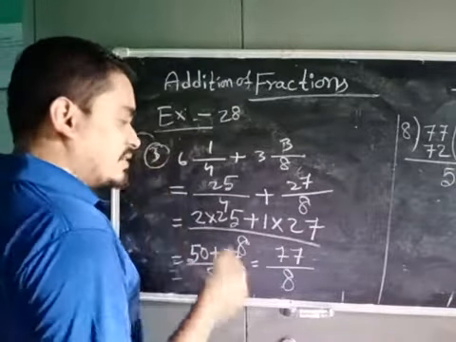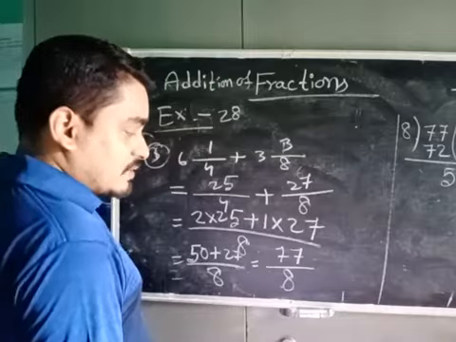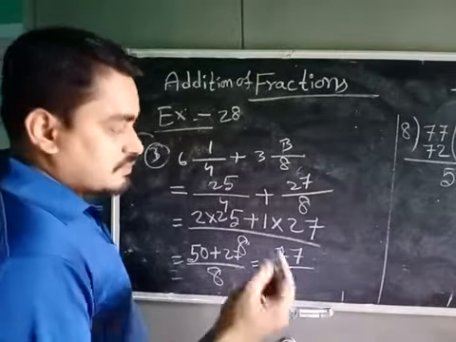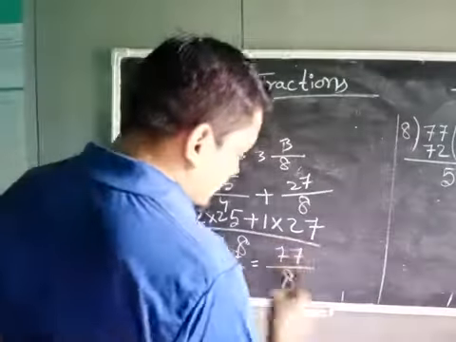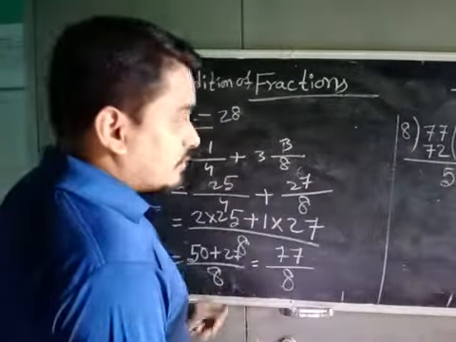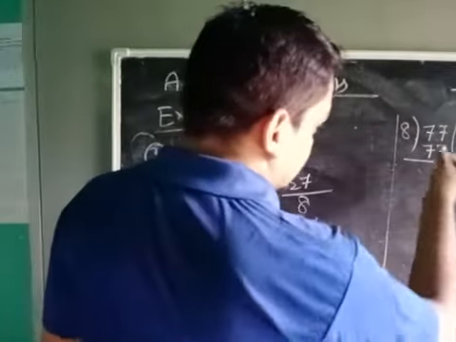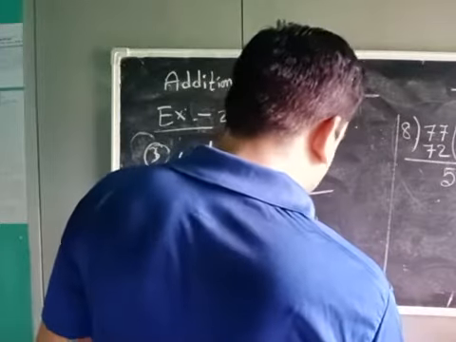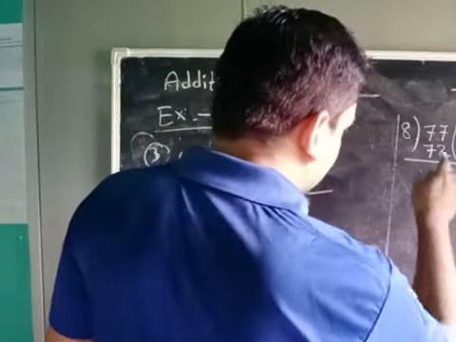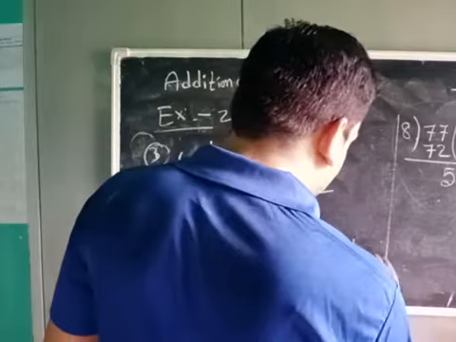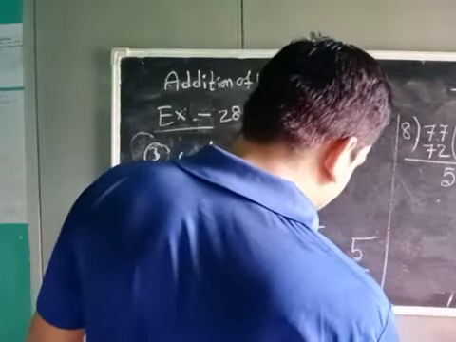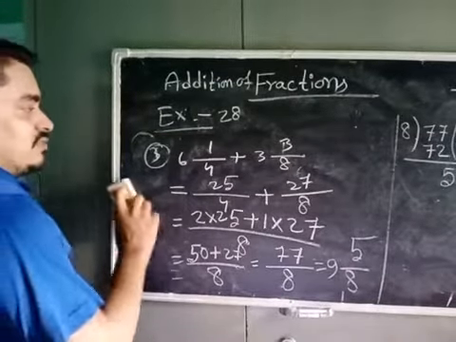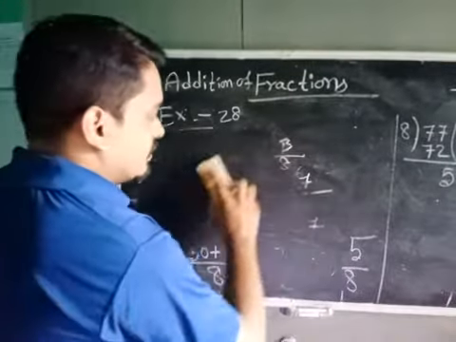You have already learned in the previous chapter how to convert an improper fraction into a mixed fraction and a mixed fraction into an improper fraction. So here we have an improper fraction, and we are going to convert it into a mixed fraction. So what is the quotient here? This is the quotient, so the quotient will come here. Then after it is the remainder. The remainder will come in the upper place, and the divisor will come here. So it is your final answer. So in this way you have to solve exercise 28.